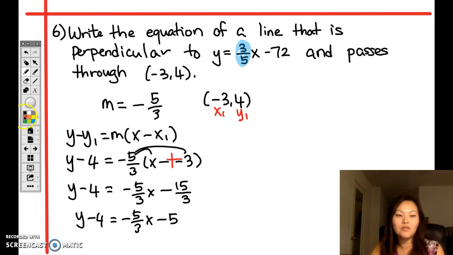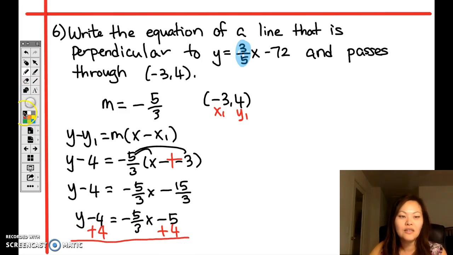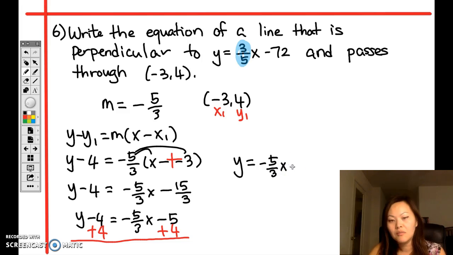Now all we have to do is add 4 to both sides. That didn't come out right. Add 4 to both sides, okay? And when you do that, your answer is right here. y equals negative 5 over 3x minus 1. Okay, so that's your answer for number 6.